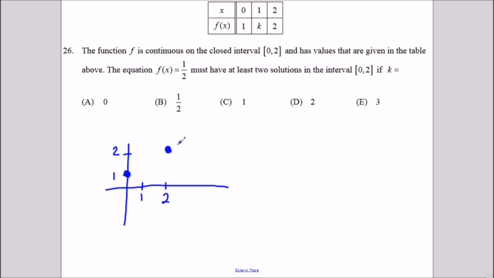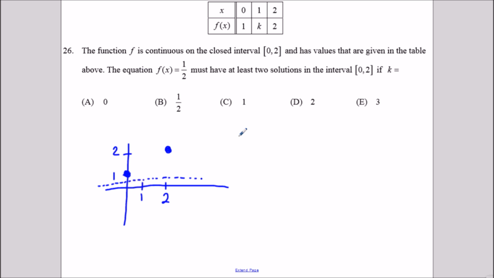But they're asking us the equation f of x equals 1/2. And think about that. f of x equals 1/2 is just a horizontal line through 1/2. So they're saying for what value of k, so we're basically looking for the y value, will this function f hit this horizontal line twice?